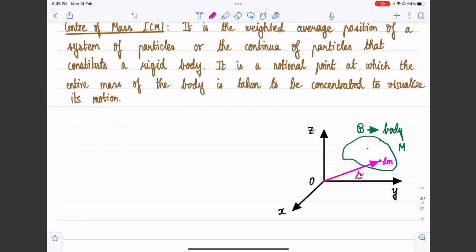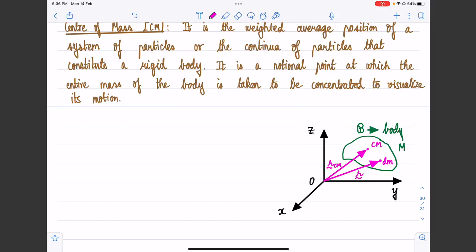And let us say the position vector of the center of mass from the origin, we call it the vector r subscript cm. So let me repeat once again.